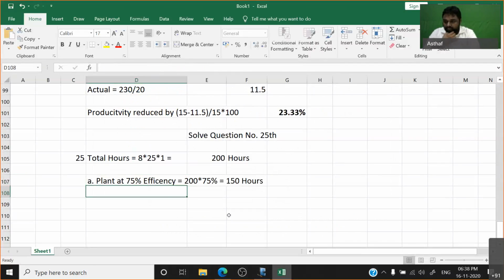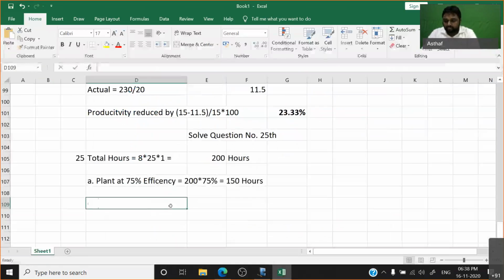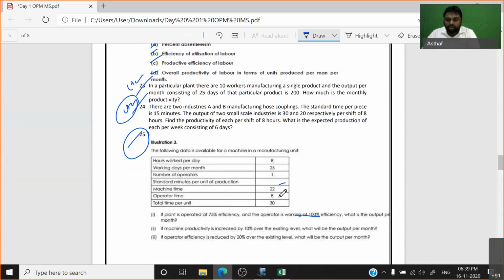150 hours. Operator at 100%. Output per month: 150 into 60 minutes, you will get total minutes available. Divide by your machine time, which is 22.